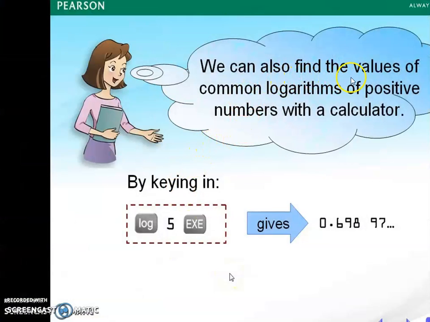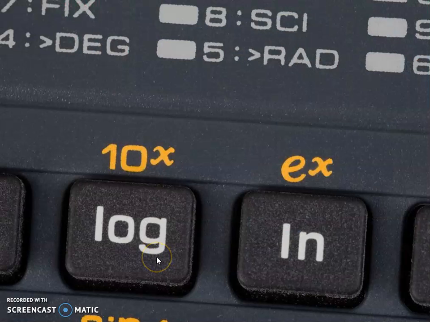We can also find the values of the common logarithm of a positive number with a calculator by keying in log 5 and pressing enter, which gives the value 0.69897. Always remember that you have to press the keys as in the previous picture, that is, you have to press log 5 and then the answer.